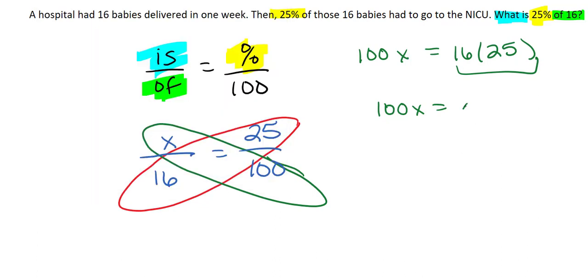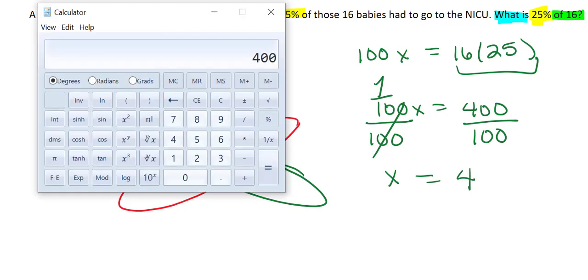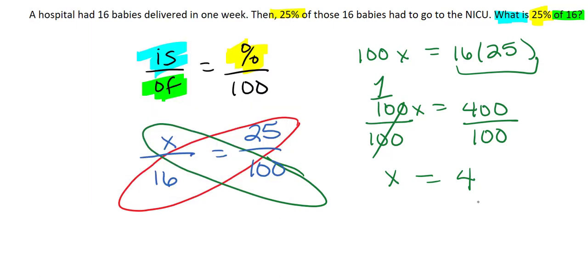And we get 400. Then we can divide by 100 on both sides to get x all by itself. 400 divided by 100, well, that's just 4. And if you aren't sure, just use the calculator, and there you can see it really quick, or you can do the division. Now, x is equal to 4. So 4 babies were sent to the NICU, and that would be our solution.